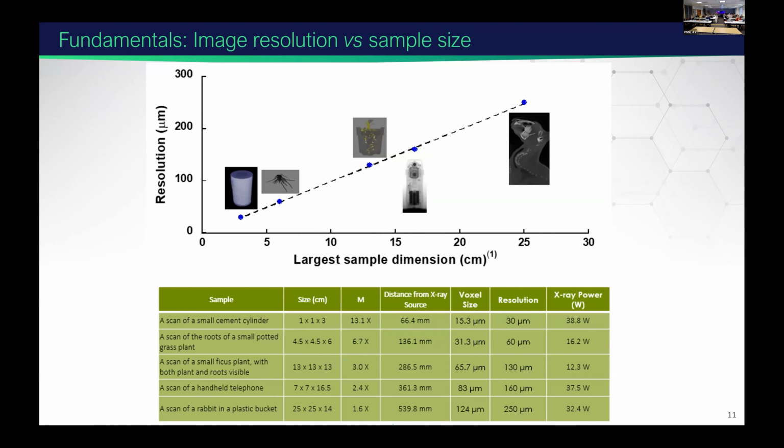I made this plot on some real-life samples to show you how the spatial resolution depends on sample size. So, for example, a 1-inch mini column or core would give you about 30 micron resolution. The resolution is taken as double the voxel size, because you typically need more than one voxel to describe a feature.